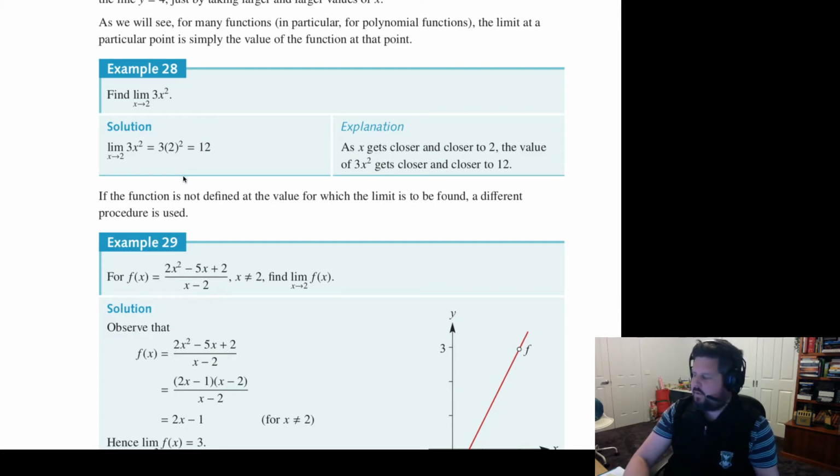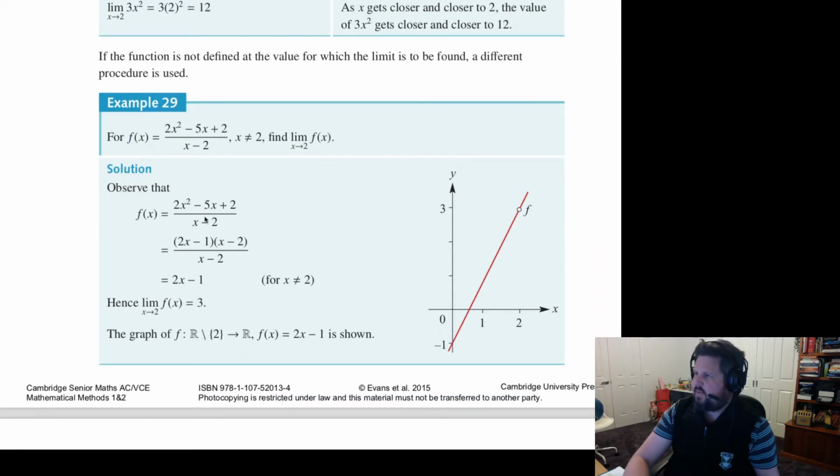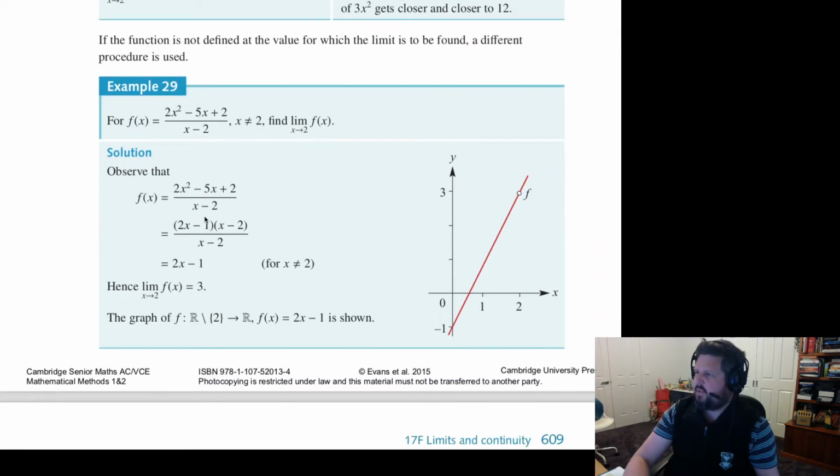There's an extra little step that needs to take place if you have something as follows. With example 29, we've got a function except for values of x where x doesn't equal 2. If we think about this particular function, you can see there is a gap at x equals 2 because it's not included.